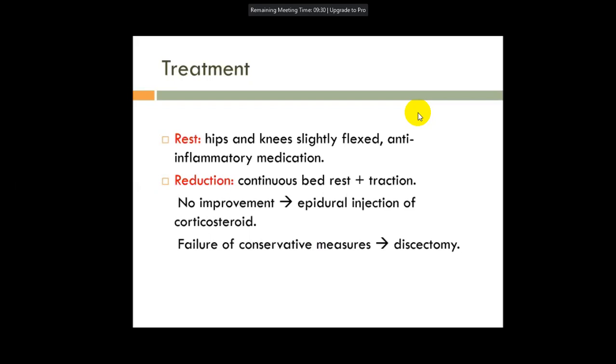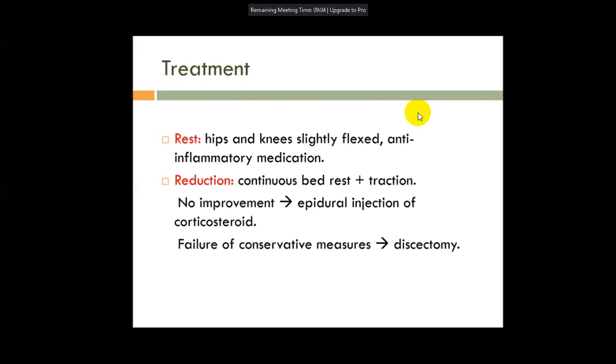Patients who fail the pharmacological conservative management, we can use them with steroid injection in the epidural space or selective steroid injection around the nerve root. Okay? This is what we call epidural injection. When do we use it? When we fail to achieve proper symptom control with the oral medications.